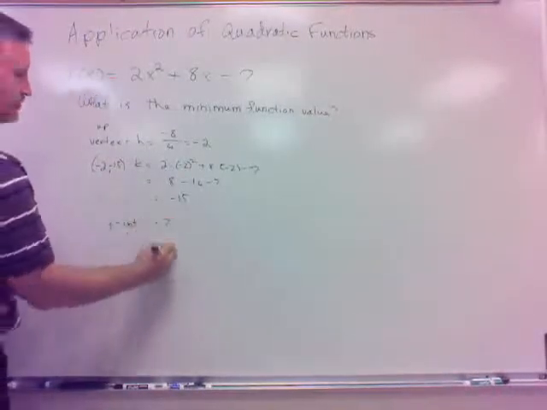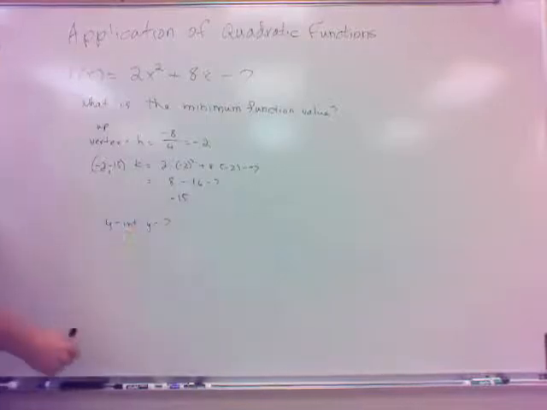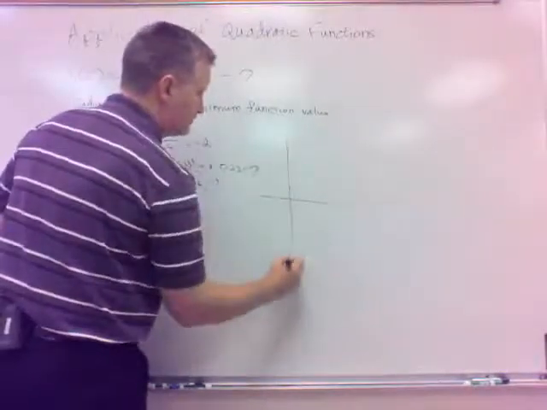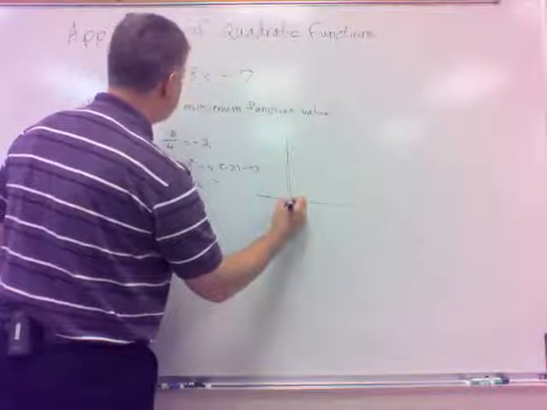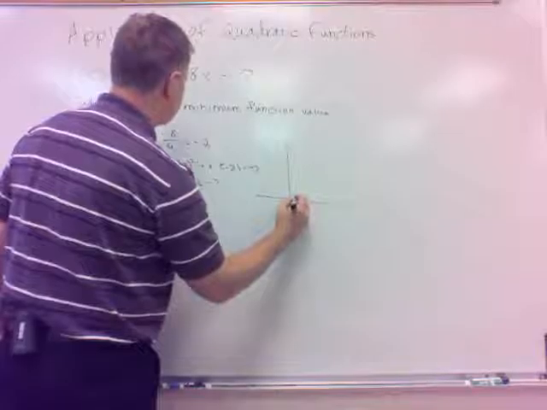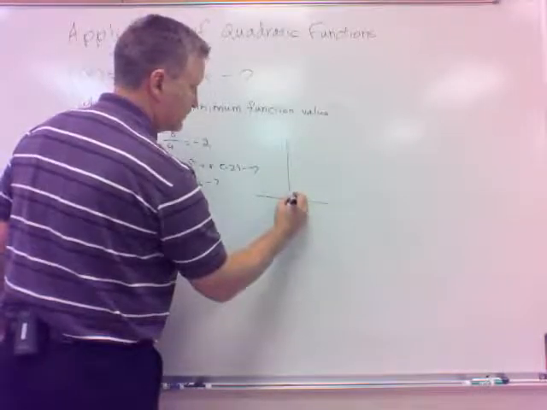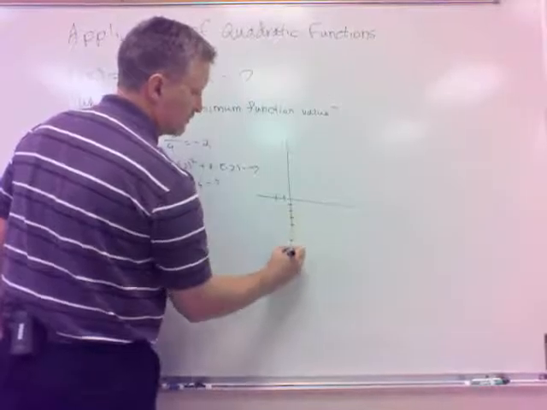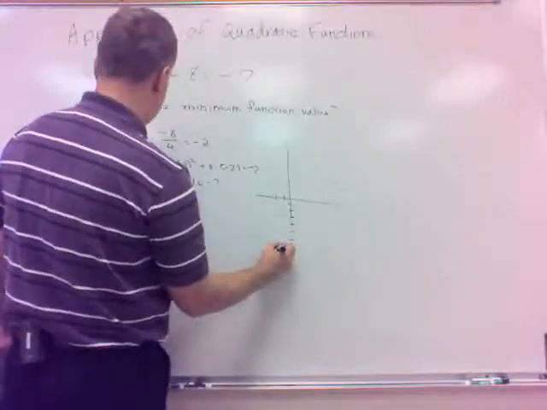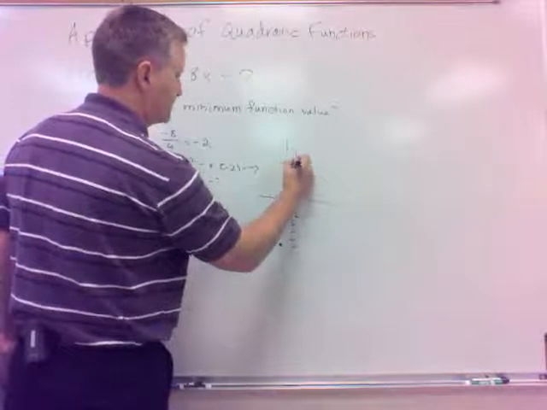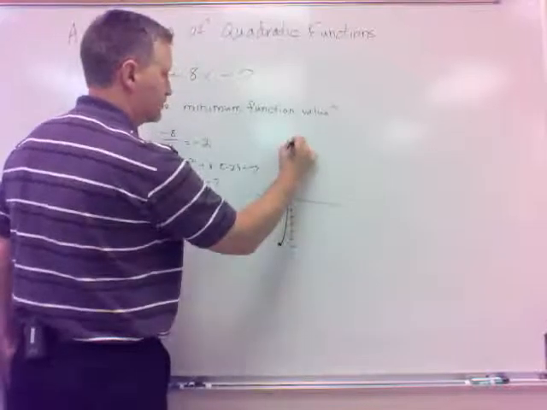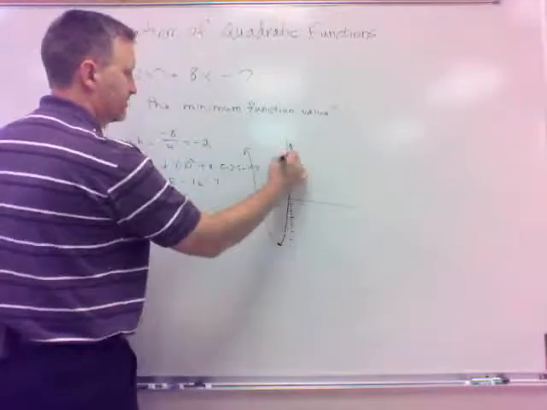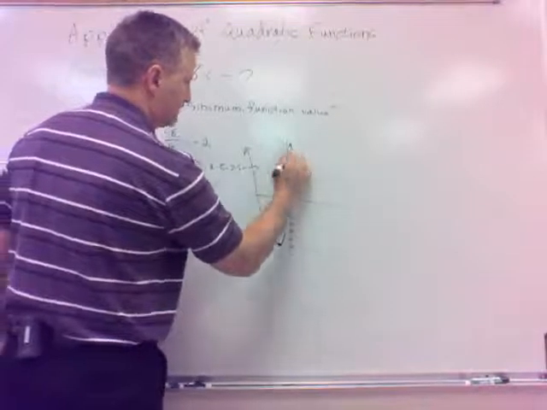Just doing that real hurriedly, we get this. Negative 2, negative 15. Y-intercept negative 7. So we get this, or something close.